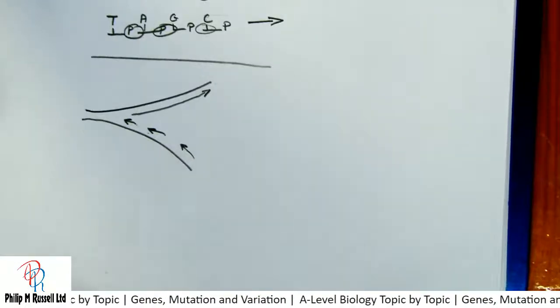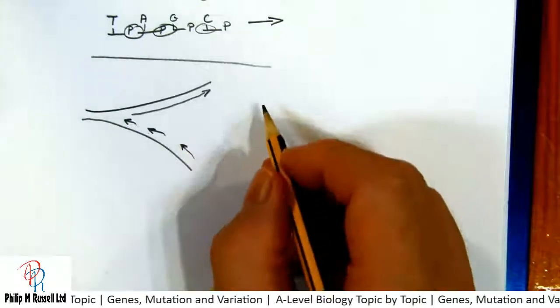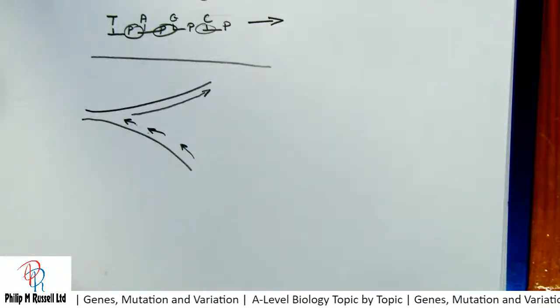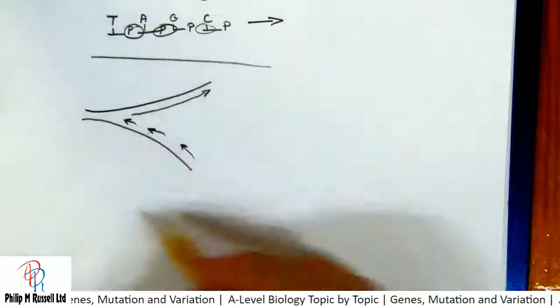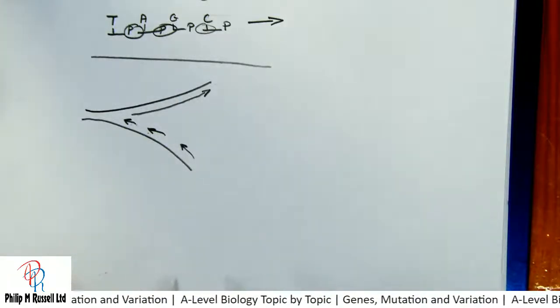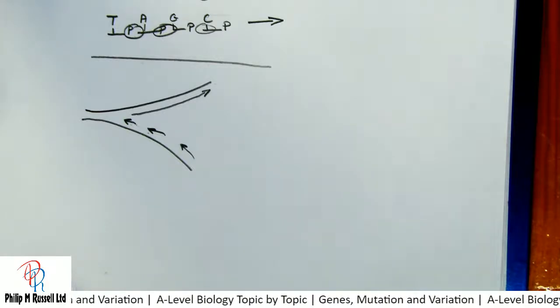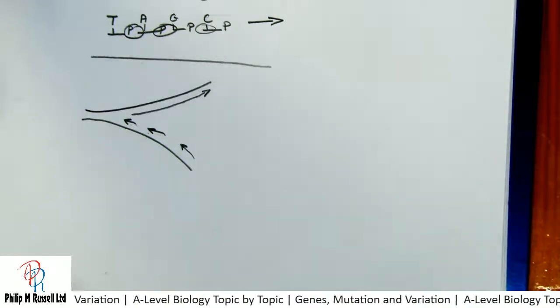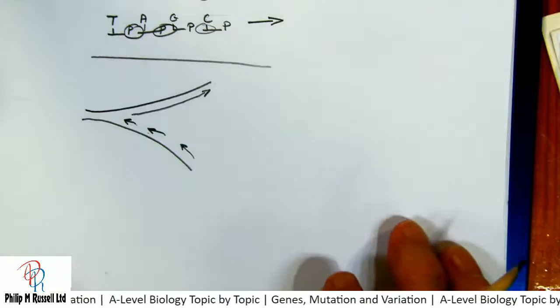Now let's explain this semi-conservative replication. How do we go about knowing that we've got semi-conservative replication? Well, we've got to do some experiments to try and prove this.